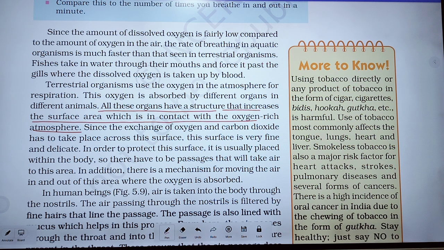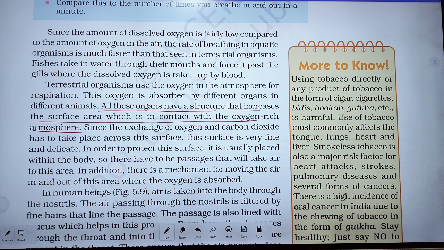It means all these organs have a structure that increases the surface area in contact with the oxygen-rich atmosphere.